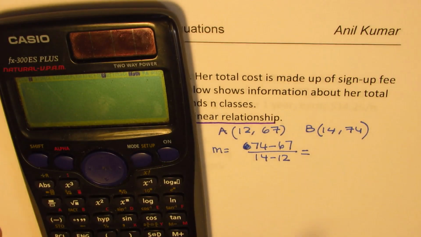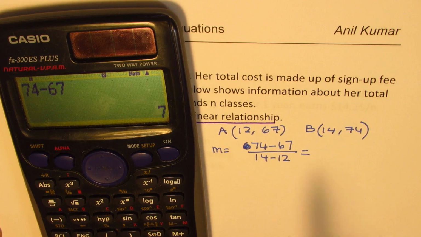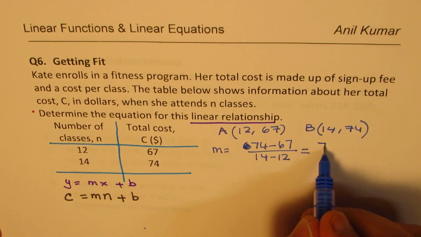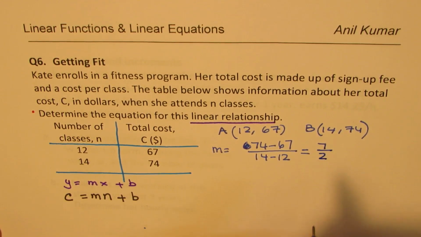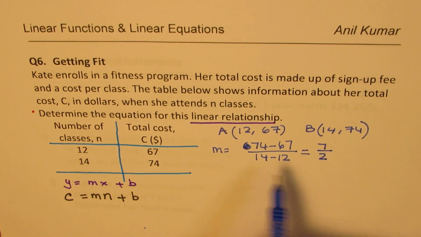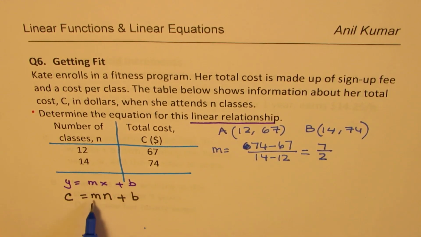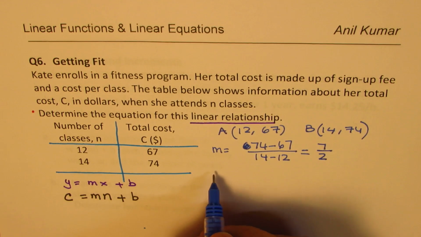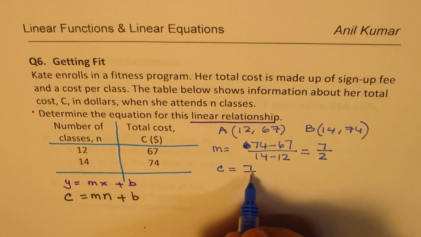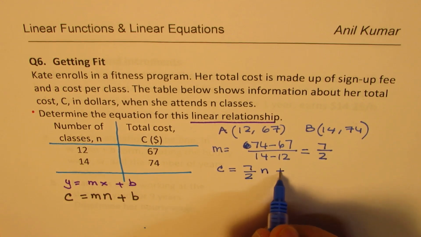So you can use calculator, which is 74 minus 67 is equal to 7, and 14 minus 12 is 2. So we'll divide by 2. We get 7 over 2 as our answer, right? Now it is your choice. You could write this in decimals or in fractions. Perfect. So you get the slope m. Now you'll substitute m here and say, well, the cost C is equal to 7 over 2 times n plus b.